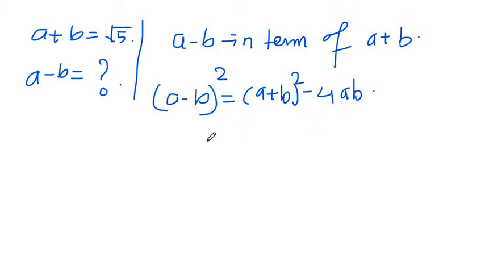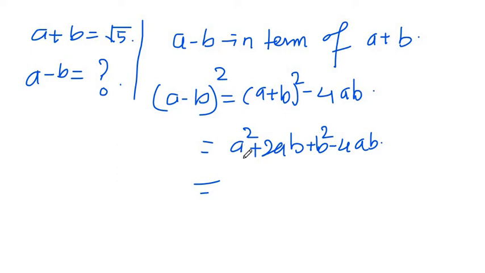You can see a plus b whole square is a square plus 2ab plus b square, and then minus 4ab. If we keep a square and b square as they are, then what is the difference between 2ab and 4ab? It is minus 2ab.